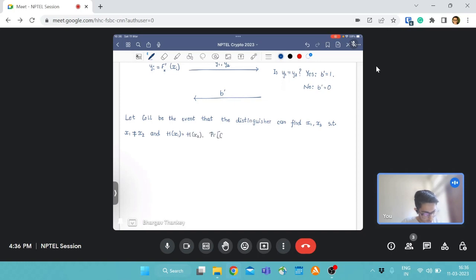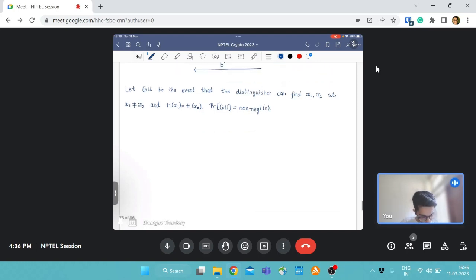The probability of collision is non-negligible because we assume that h is not a collision resistant hash function. Okay, so now let's look at this problem.